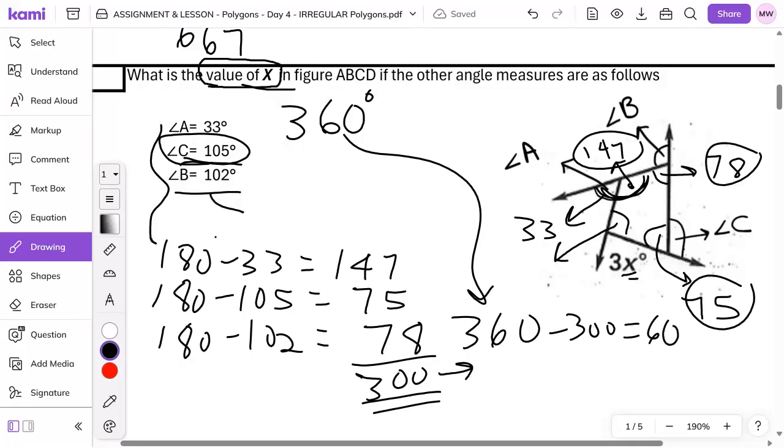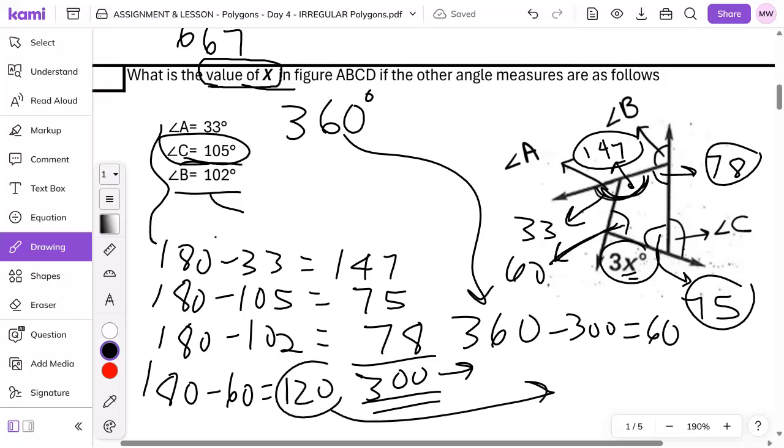But I need to get this one. So I know that this side over here, if this is 60, then 180 minus 60 equals 120, right? But 120 is not this angle. The angle is 3x. So 3x equals 120. So x equals 40.